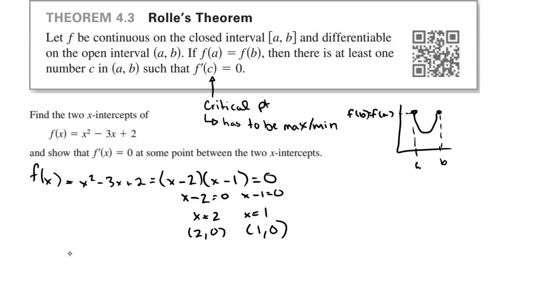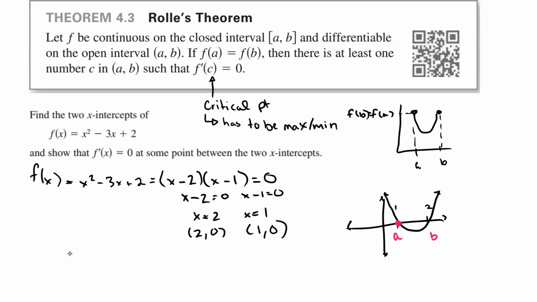So if we want to just quickly sketch a graph of our function without any y values on it, it's going to look something like this. We're interested in the interval from the two x-intercepts. So that's like saying a and b are 1 and 2.